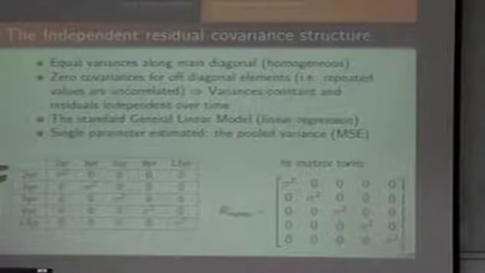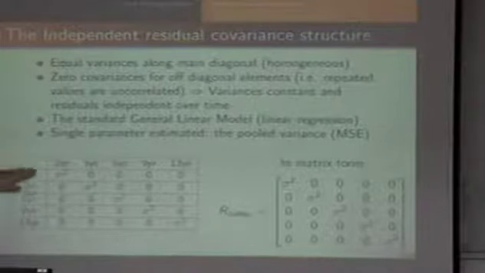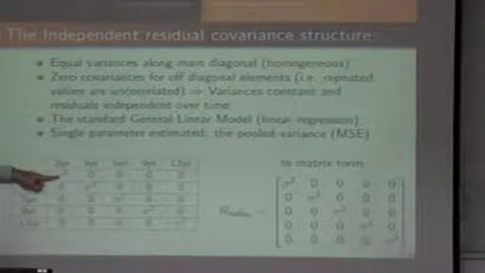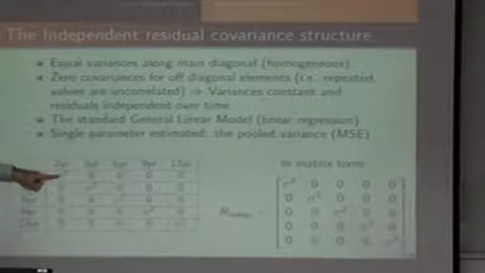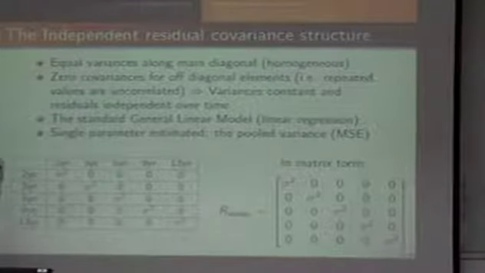So what I'm going to do is talk about this again in terms of our autism data. We have 5 time points. We assume that the variance in socialization is going to be the same for children who are 2 years old.